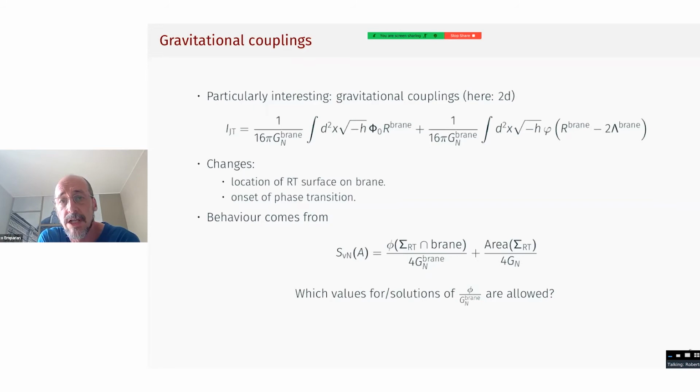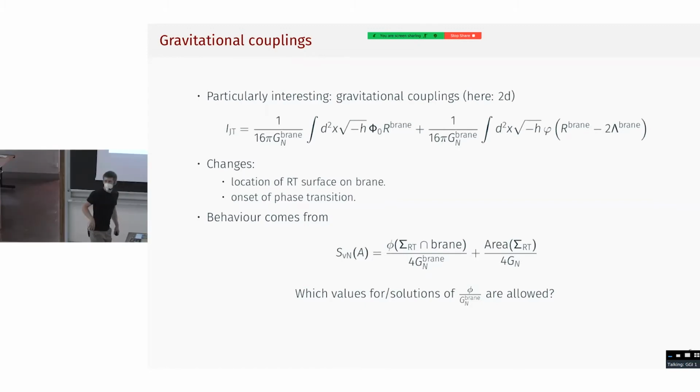Now, what I'd like to know is if you add these additional couplings on the brane, is there a way of sending the brane to the boundary and tuning the couplings so that you still get gravitational dynamics at the boundary? I don't know if it's clear what I'm asking.